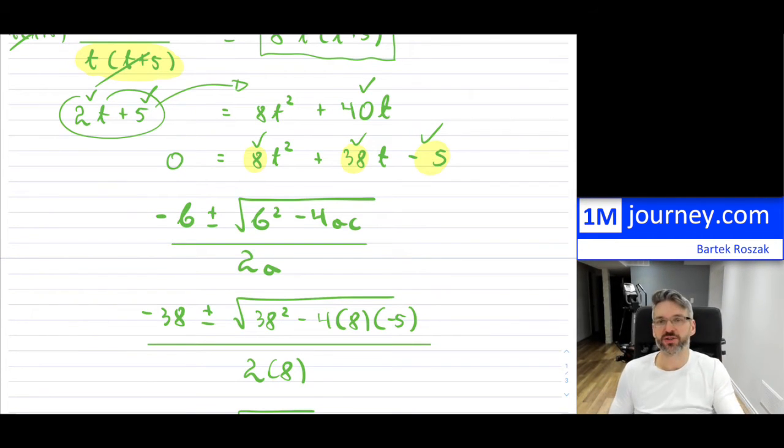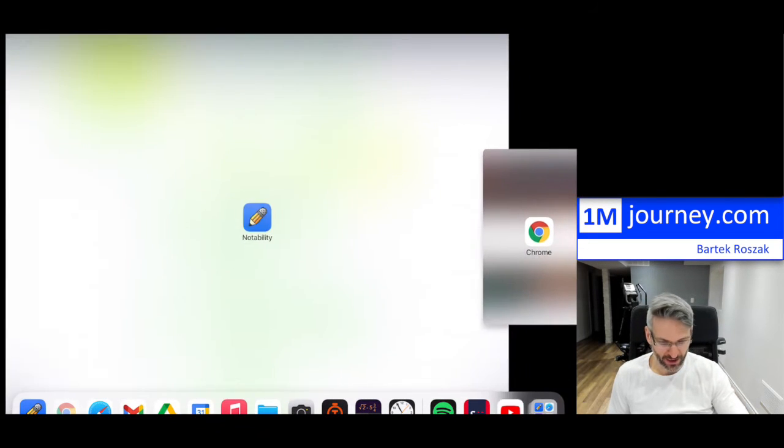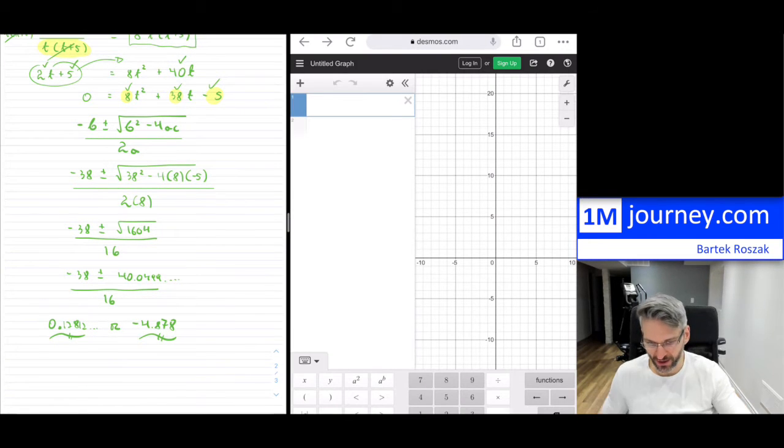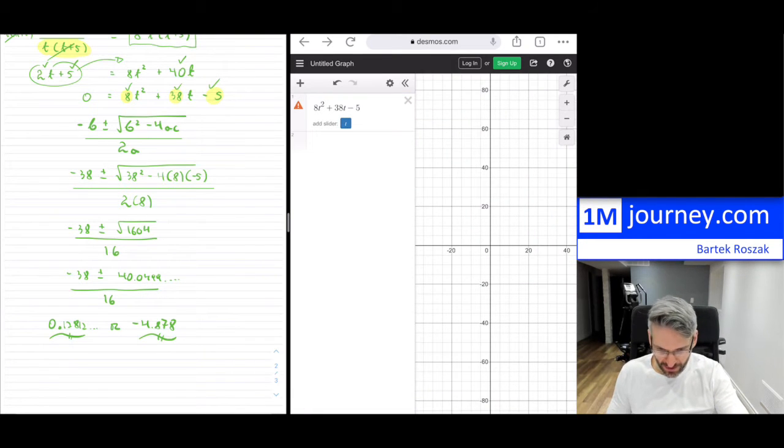So you can always check for yourself, because what do those zeros mean, right? So if I take out, let's say, decimals or any other tool that you like, I can always plug this in, okay, and graph it out. Minus 5, so let's see what this would be.